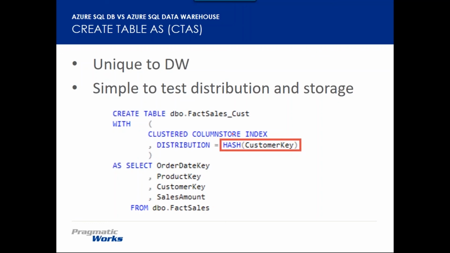If you were building on-premises or using Azure SQL Database, that decision of which key is going to be my cluster key and how am I going to store this can be a really time-consuming decision that takes a lot of thought and input. With the Azure Data Warehouse, using create table as makes it really simple to try different storage techniques.